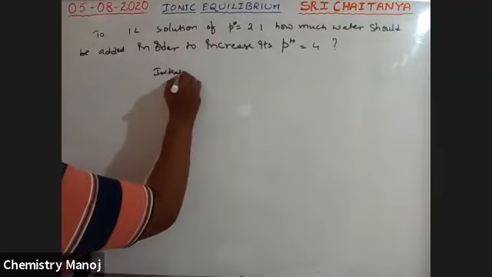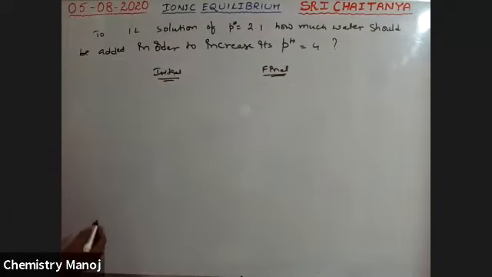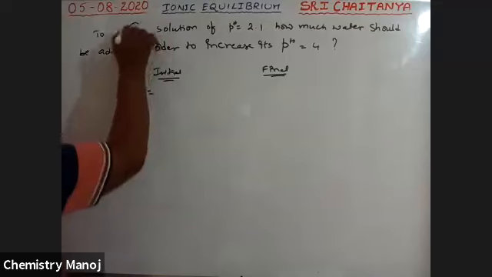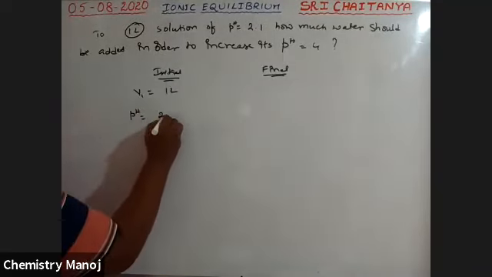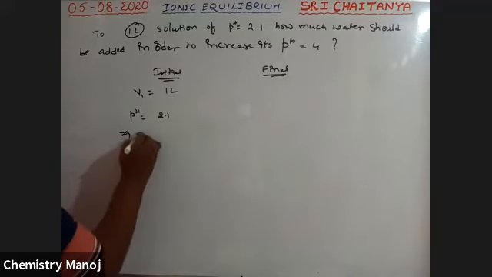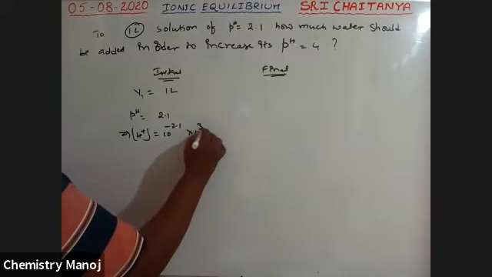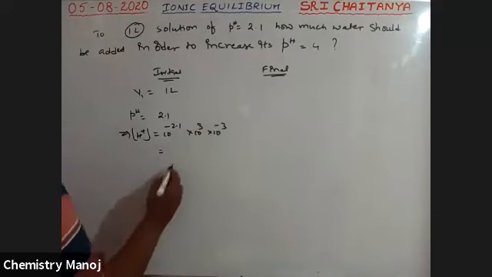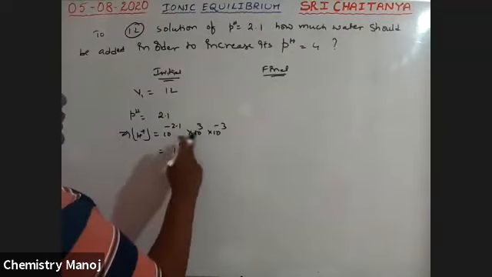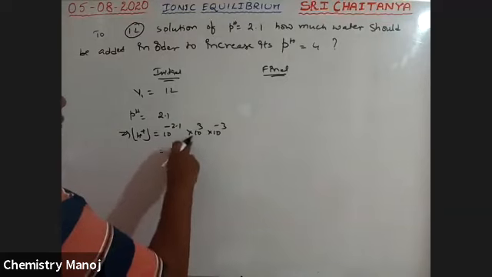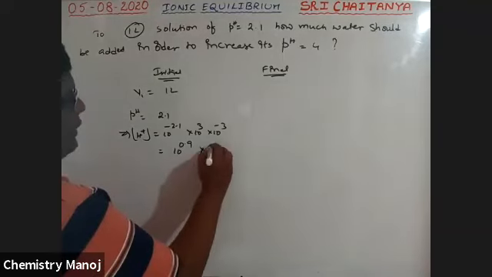Initial case, final case. Initial volume V1 is equal to 1 liter. Initial pH is equal to 2.1. From this, H plus concentration is equal to 10 power minus 2.1, which is 10 power 0.9 into 10 power minus 3.